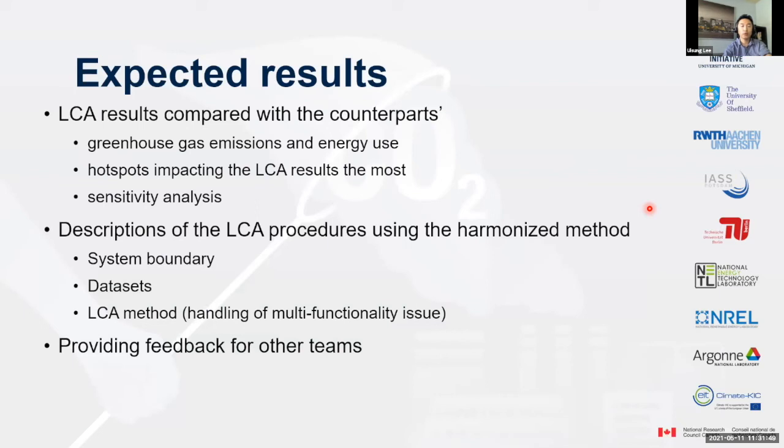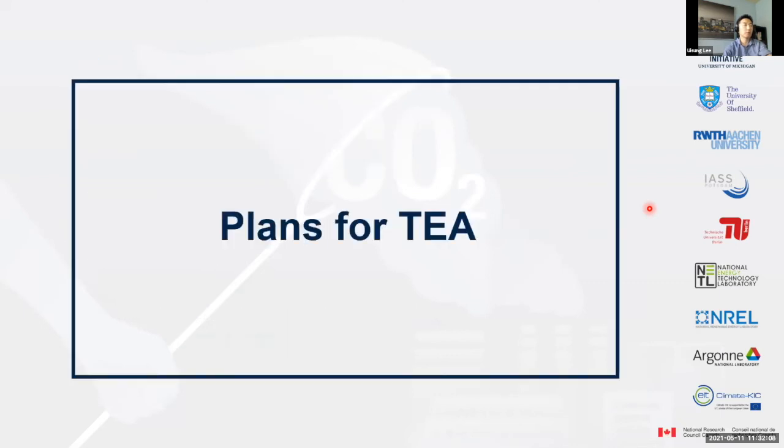We can also perform the sensitivity analysis. And after that, we can provide the descriptions of the LCA procedures using this harmonized method. And eventually, we want to provide feedback for other teams so that they can refine their reports. So let me stop here, and I'll give this to Greg for him to follow up.